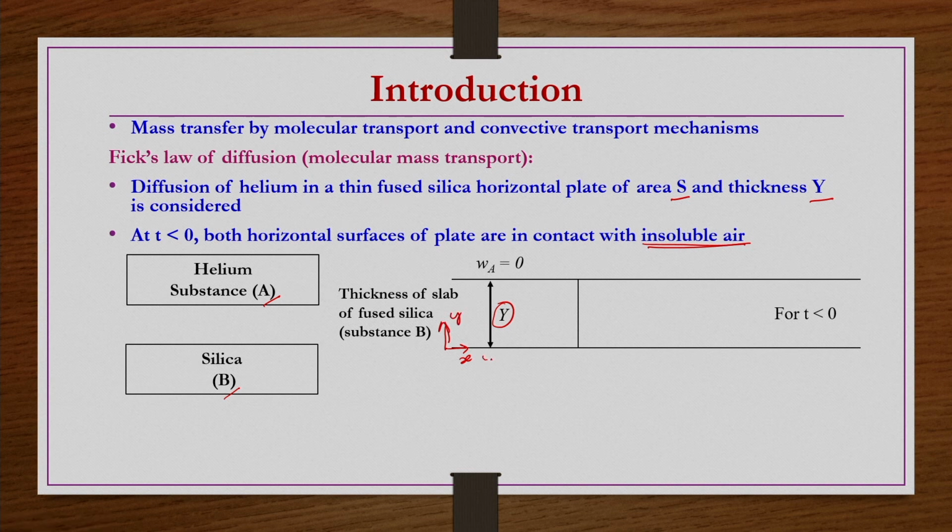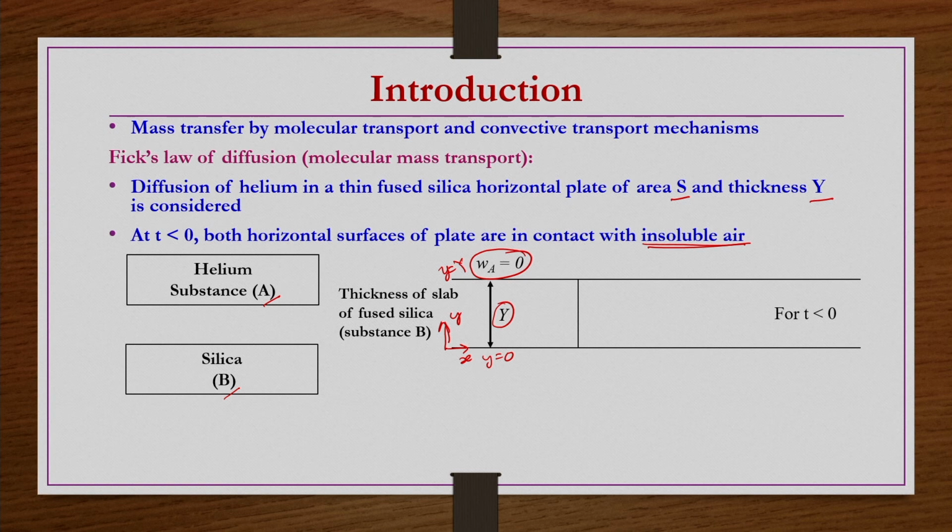So, y equals 0 is the bottom of the plate, and y equals capital Y is the top surface of the plate, right. At the top surface we take the boundary condition that helium is not present. That is, the mass fraction of helium is 0 at the top surface.